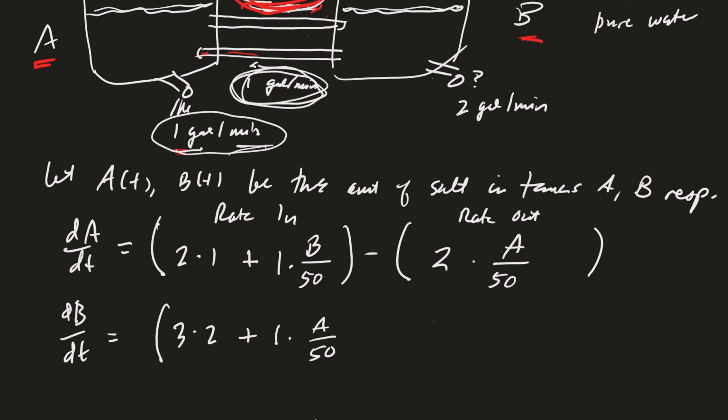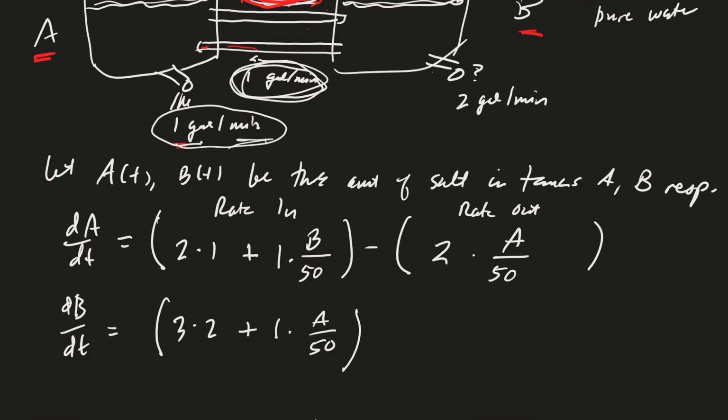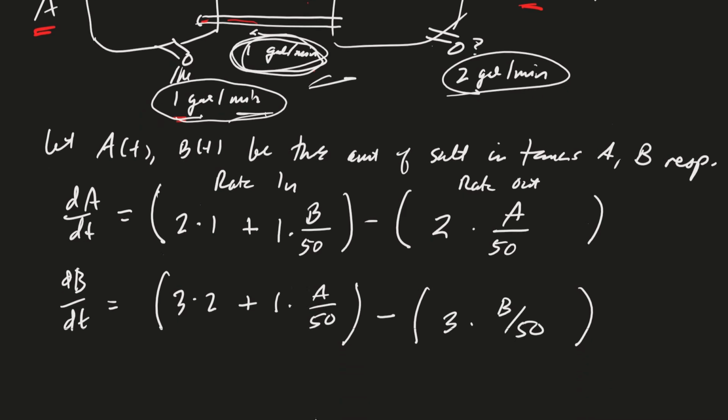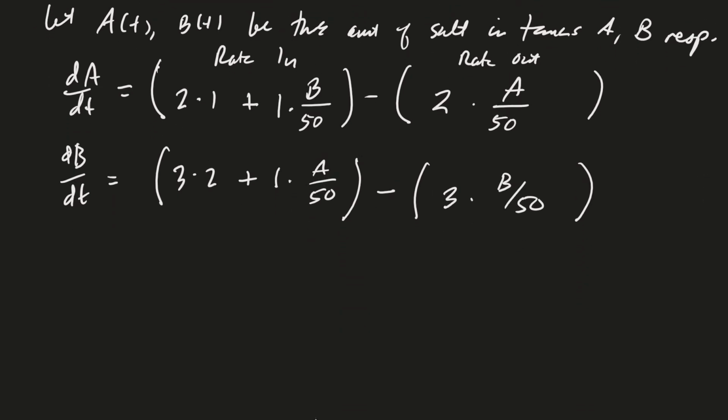Okay, there we go. Minus, and then what is the output? I've got 2 gallons going out here, 1 gallon going out here, so therefore it's going to be 3 times B over 50.